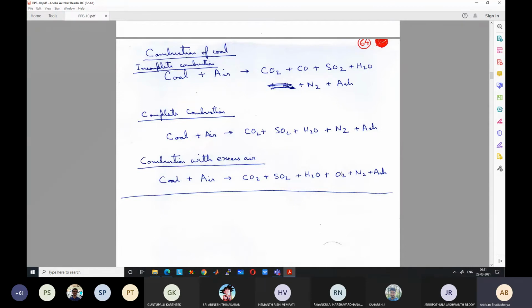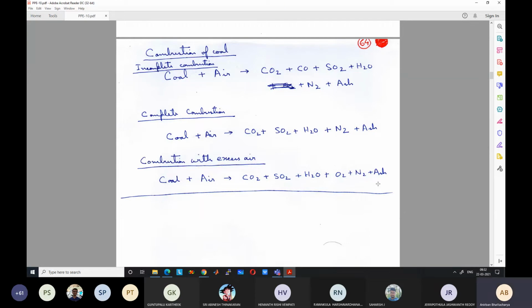The nitrogen amount will be more, but nitrogen is anyway present, and ash is also there as a non-combustible product.